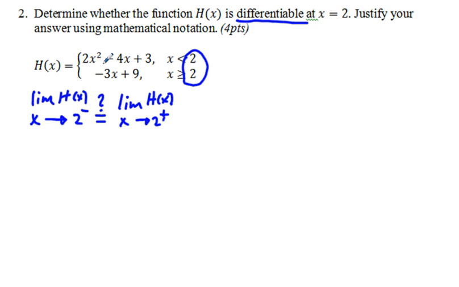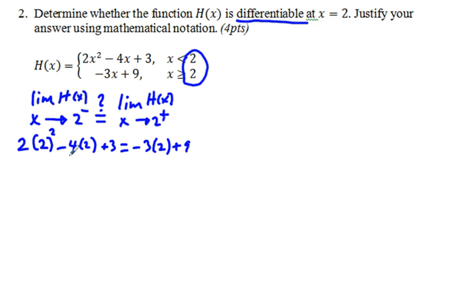Well, from the left side, we have 2x squared minus 4x plus 3. So I'm going to write 2, and in place of x, we're going to place the critical value 2 squared minus 4 times 2 plus 3, and set that equal to the right side, which is going to be negative 3 times 2 plus 9.